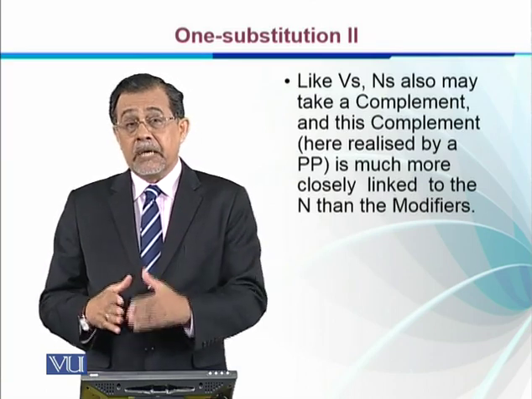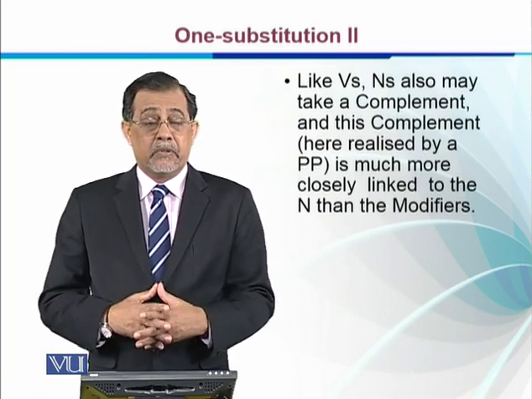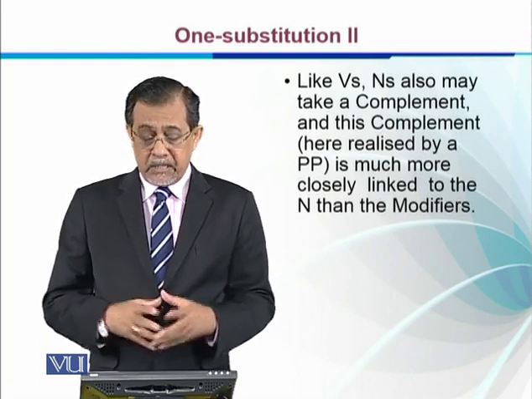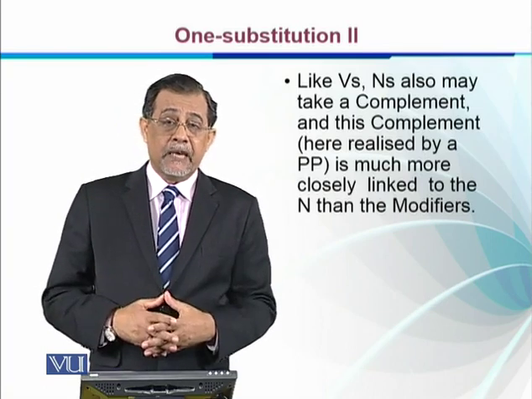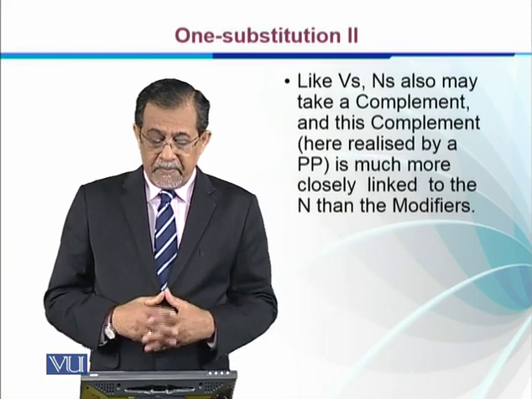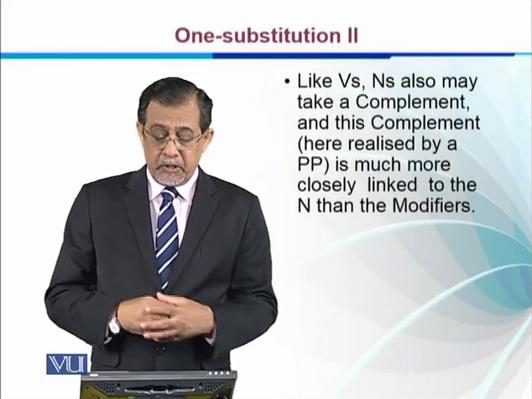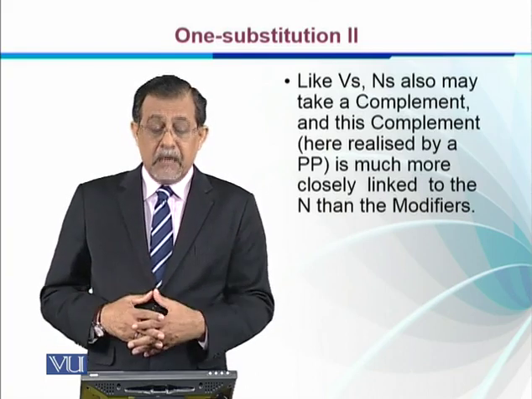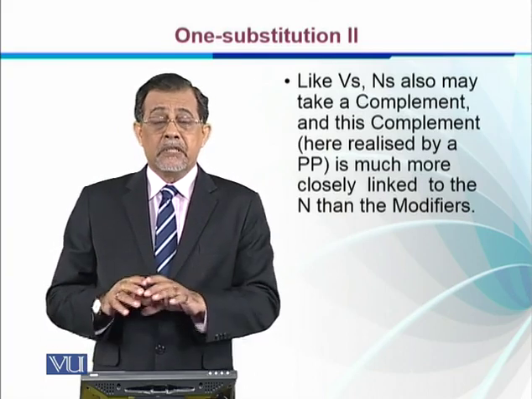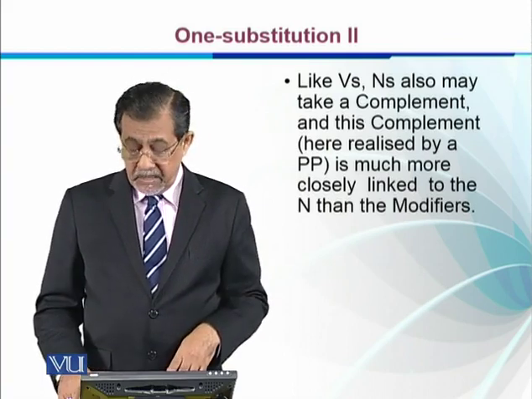But here we are talking about nouns, whose complements we did not discuss. Here we say that like verbs, nouns may also have complements, and this complement, realized here by a prepositional phrase, is much more closely linked to the noun than to the modifier. So this is something special we have talked about.